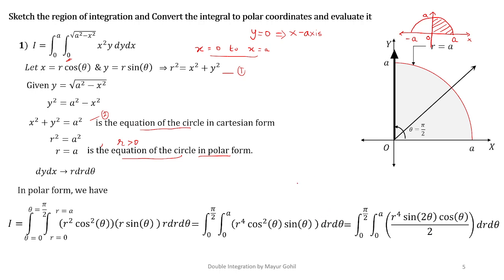Let us see. cos square theta can be written as cos theta times cos theta into sine theta, and I multiply and divide this by 2.